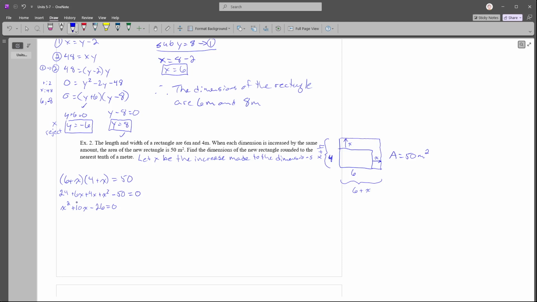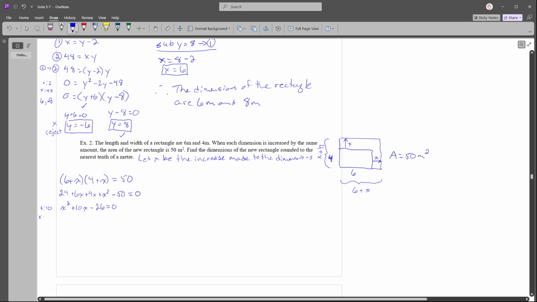Now, we can try and factor it. That seems like a reasonable thing to do. Let's see if we can come up with some factors. So that means that we need to find two numbers that, we're running out of space here. Let's say two numbers that add to 10 and multiply to negative 26.